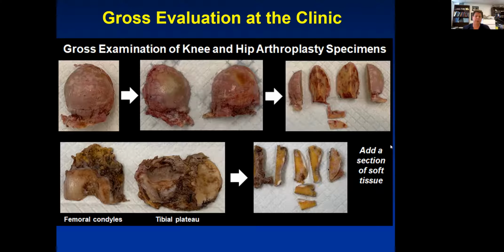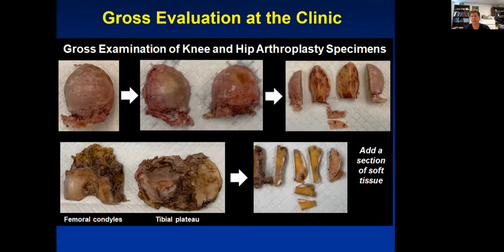Similarly, we address in the bottom of the figure here knee arthroplasty. So you see the femoral condyles to the left and a tibial plateau on the right. We typically serially section these specimens, again, looking for significant pathology. Both specimens, and at the Cleveland Clinic, I would say it's between about 40 to 50% of the arthroplasty specimens that we receive also have some soft tissue.